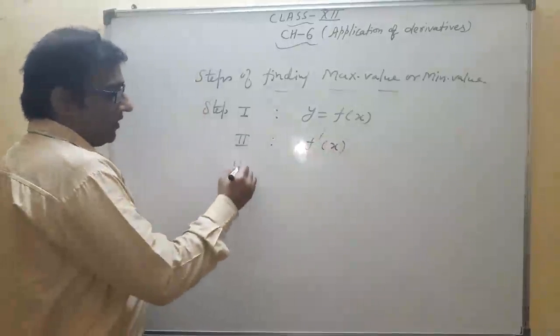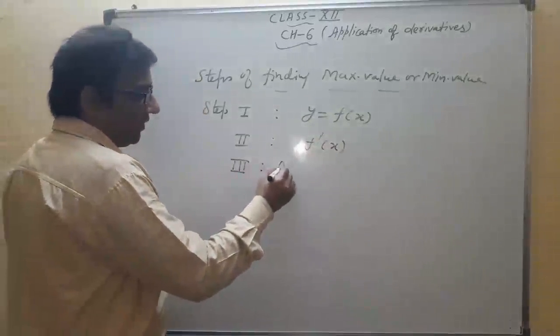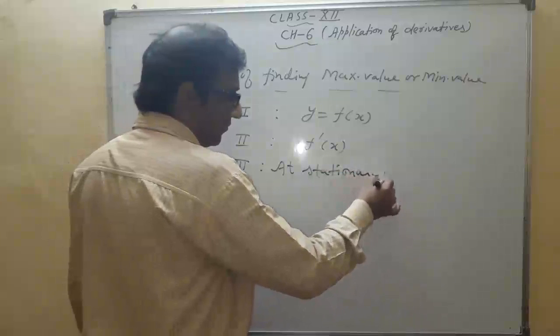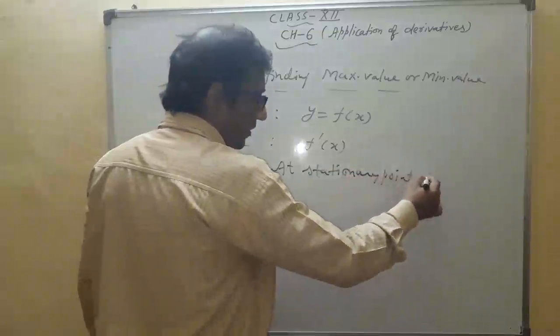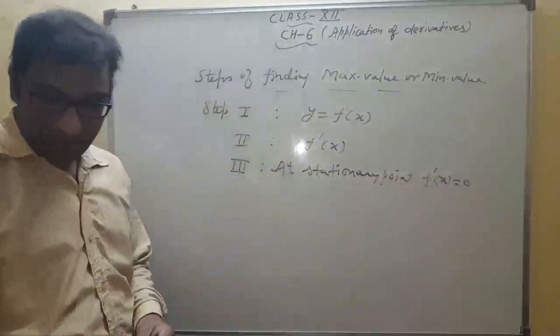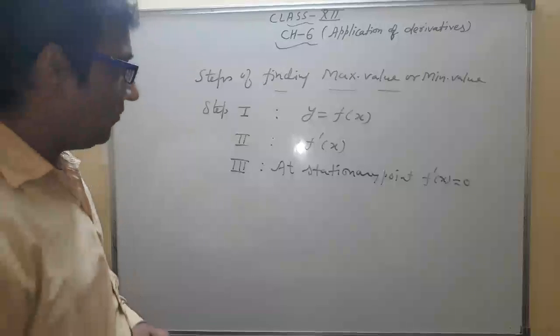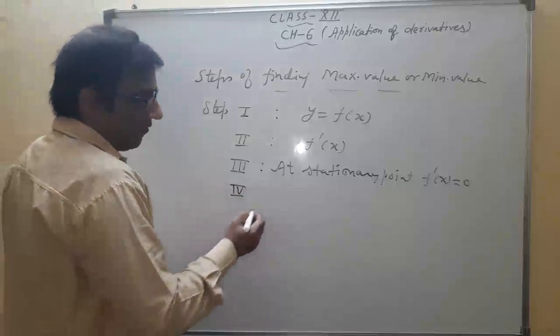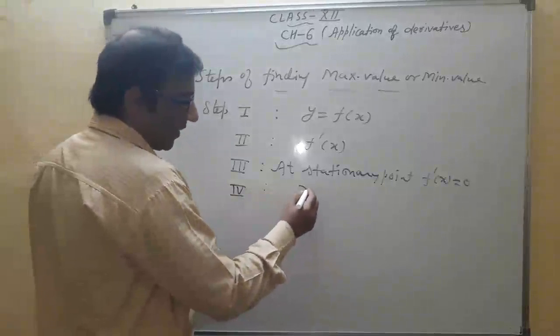In the third step, at a stationary point f dash x becomes 0. It means we can say dy by dx equals 0. In the fourth step we will calculate the value of x.